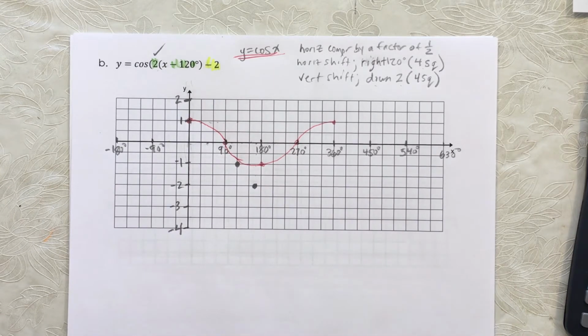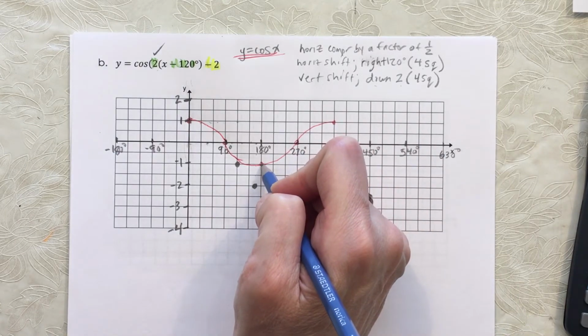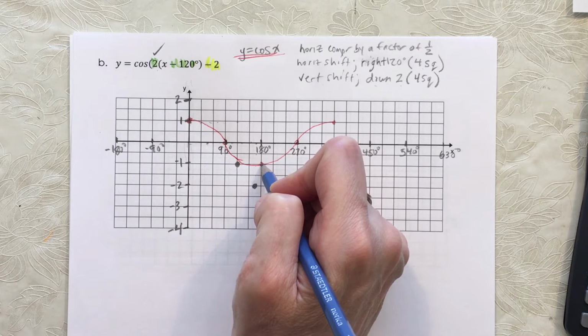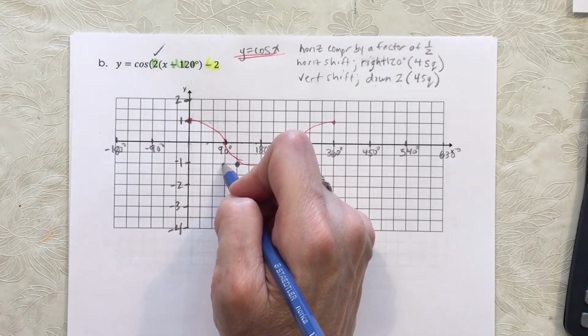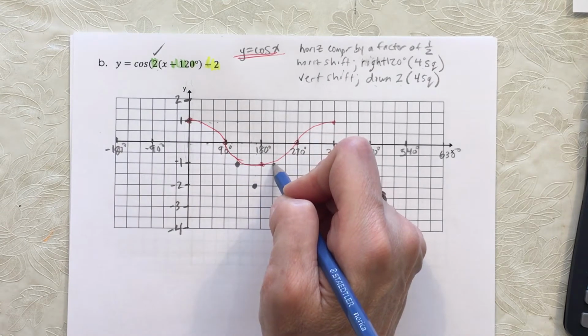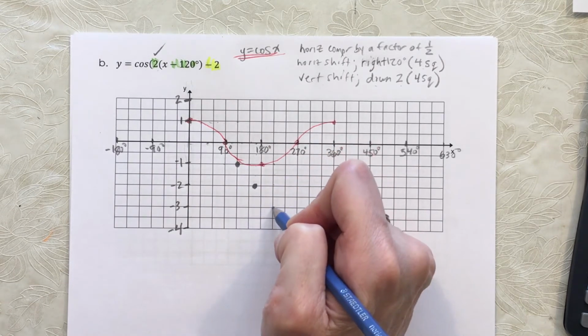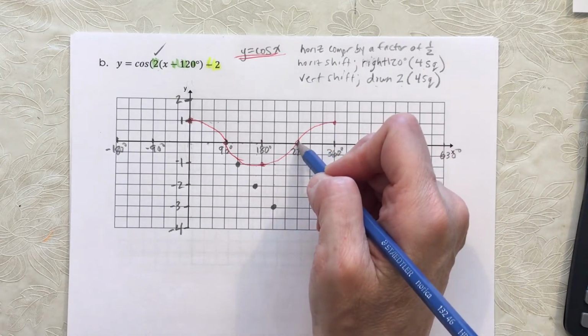So there's the image of our second point. Third important point at 180, so we're going to half our distance from the y-axis, which puts us at 90, and then 4 squares to the right, 1, 2, 3, 4, and 4 squares down, 1, 2, 3, 4. And there's our next important point, 270.